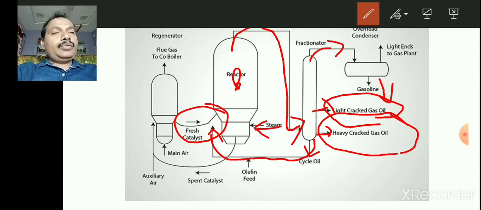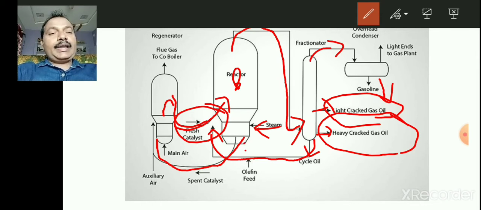Now the fresh catalyst is already being circulated into the reactor chamber, and from the bottom the spent catalyst is taken, and with the help of main air reaction in the regenerator, the regenerator will once again take this spent catalyst and reform it, and pump it into the reactor once again.